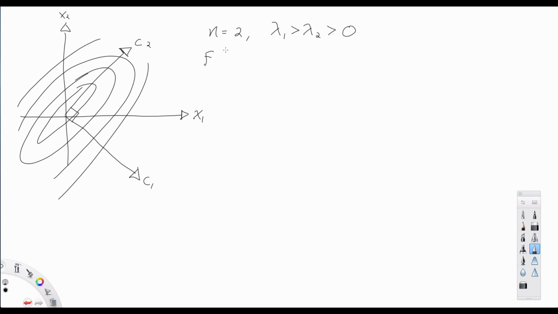Suppose we are assuming again a quadratic form where the function f of x is equal to x transpose A times x. Because of the properties here where the eigenvalues are both positive, we're able to say, and we'll be able to show this as a very general result, that in any direction we move away from the origin, our function f of x is going to be increasing.